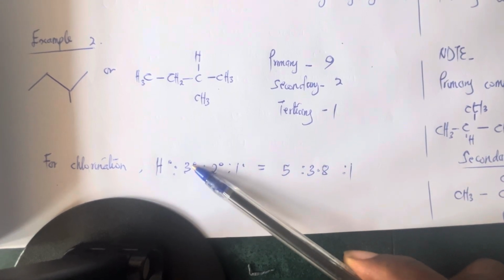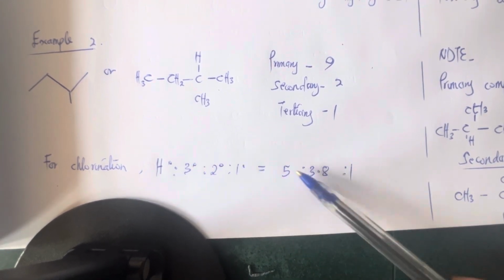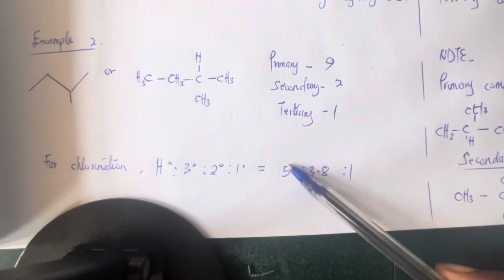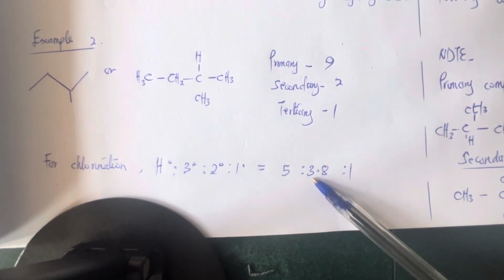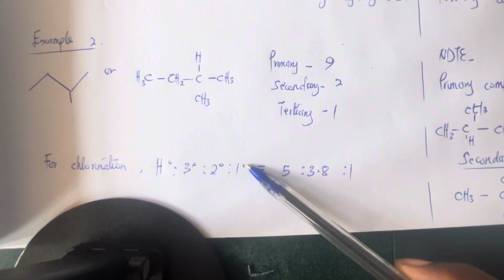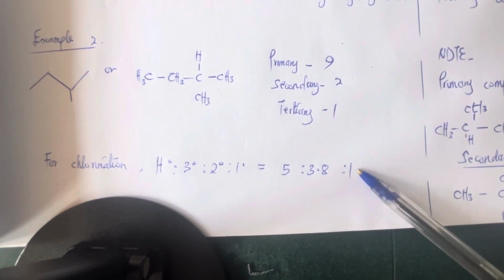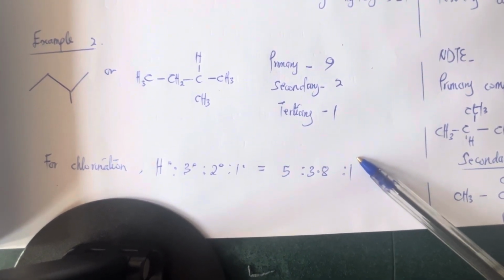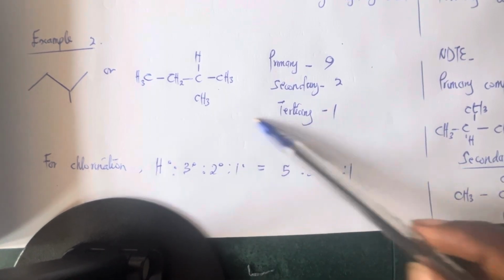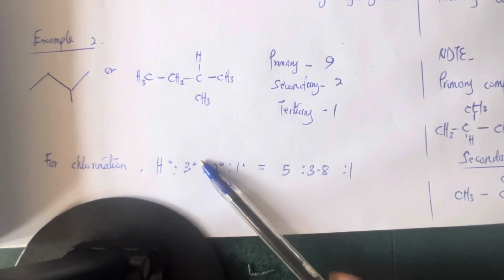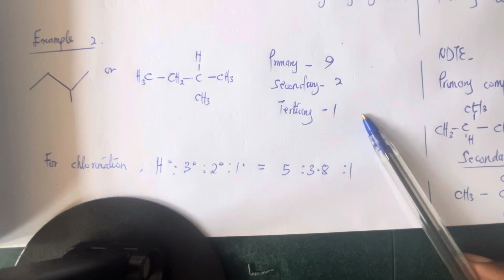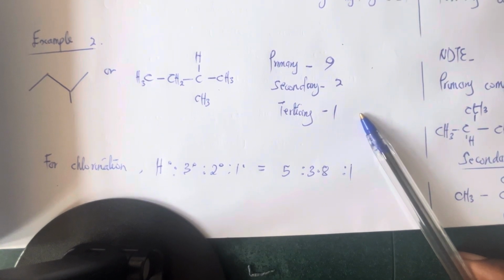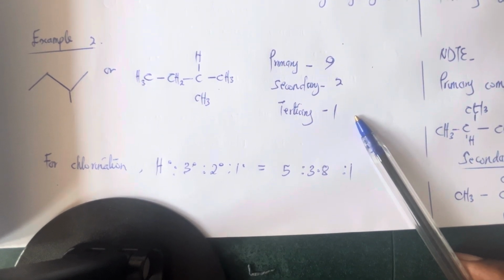The tertiary hydrogen corresponds to 5. The secondary hydrogen corresponds to 3.8, and the primary hydrogen corresponds to 1. So this actually shows how fast a tertiary, a primary, or a secondary hydrogen will be replaced by a chlorine atom in the process of chlorination.